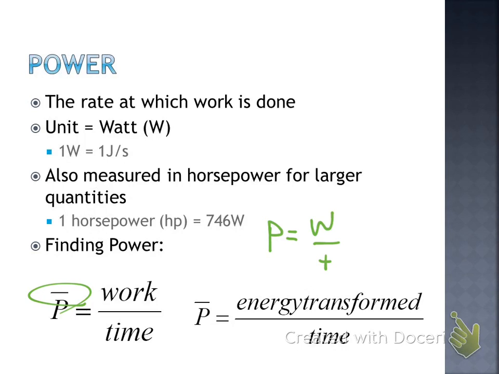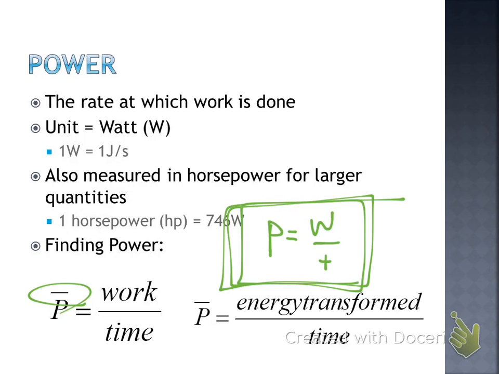If we lifted something and it took this much work and we did it in 10 seconds, that doesn't mean we necessarily lifted it at the same rate the whole time. But the average over that whole time would give us our average power. So the very simplistic equation you need for power is work over time.